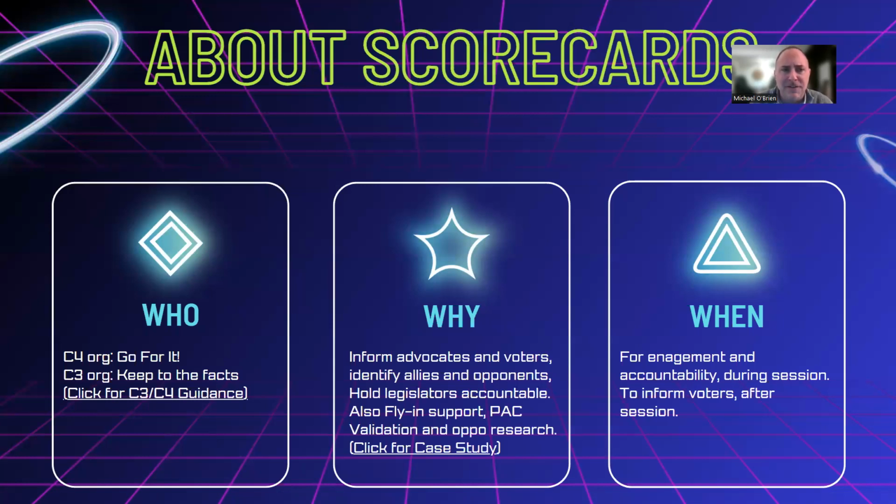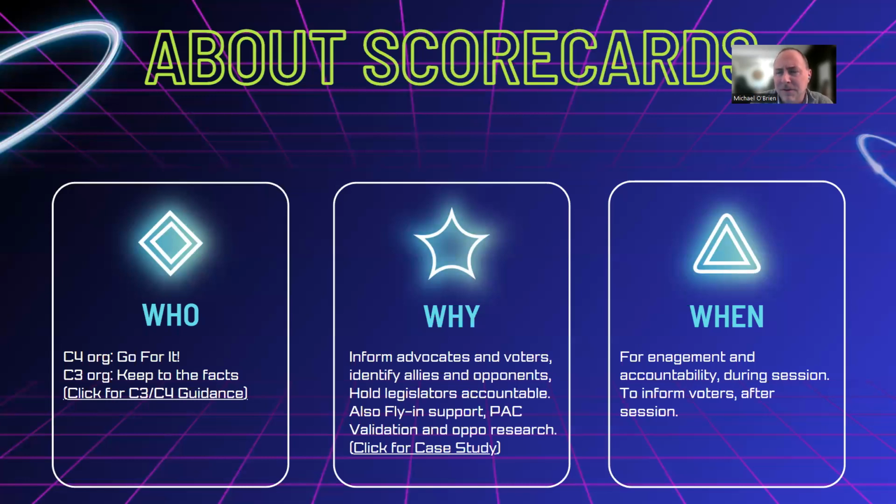If you're going out and saying, hey, vote for this person because they supported us, or vote against this person because they didn't support us, that's when you're getting into not just muddy waters, but probably have crossed the line. So stick with issues and not people.